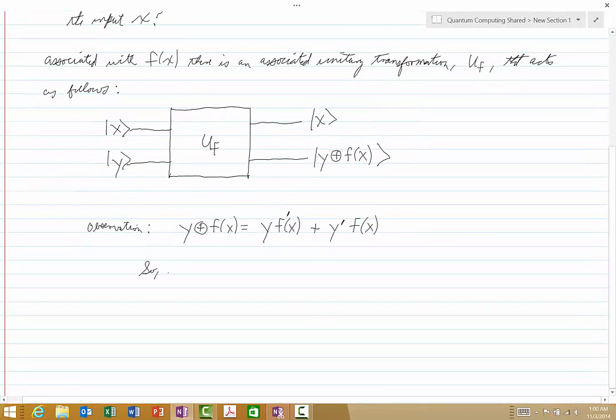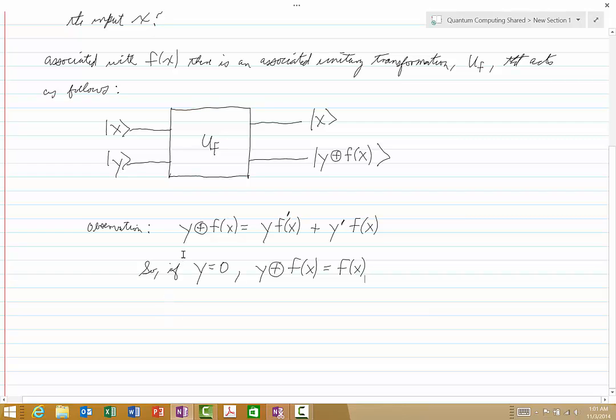So if y equals 0, y exclusive OR f of x, the first term would go away. Y prime is equal to 1, and so we would just get f of x.